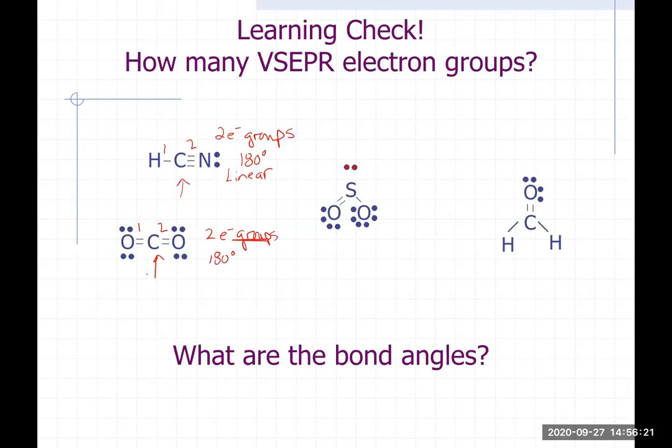So when we look at this interaction, and we can do it with the other one as well, this bond angle right here is 180 degrees. Up top, this bond angle right here is 180 degrees. That is linear.